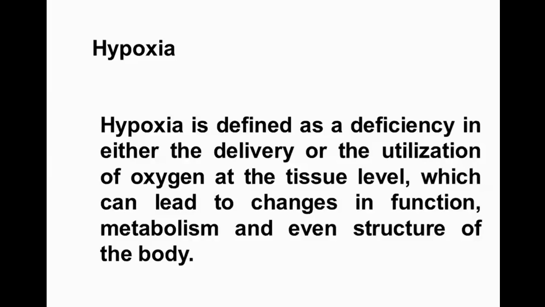The hemoglobin is enough as amount, but its function is poor. In anemic hypoxia, it's carboxyhemoglobin from carbon monoxide, or methemoglobin, where nitrites cause methemoglobinemia.